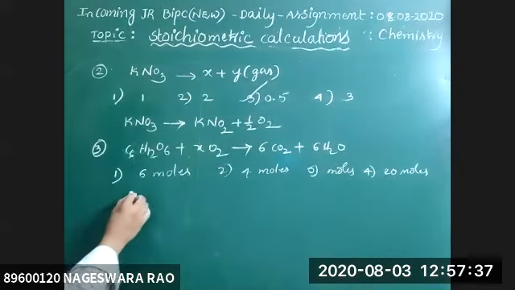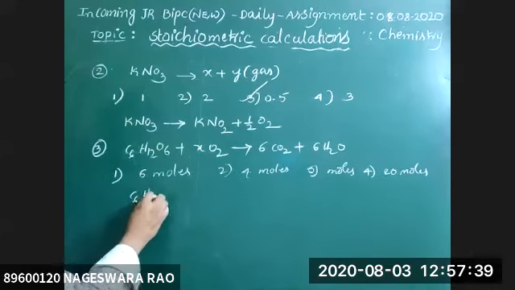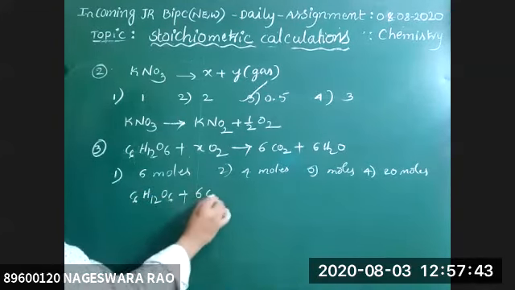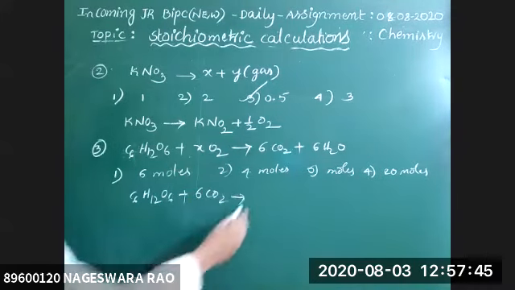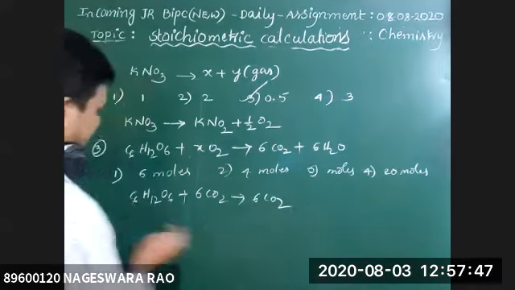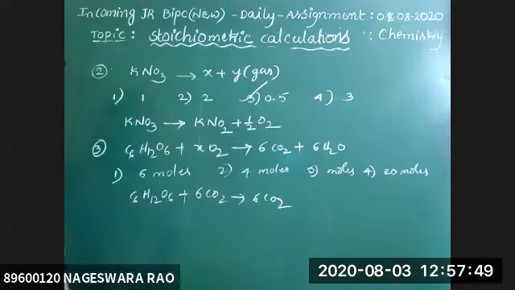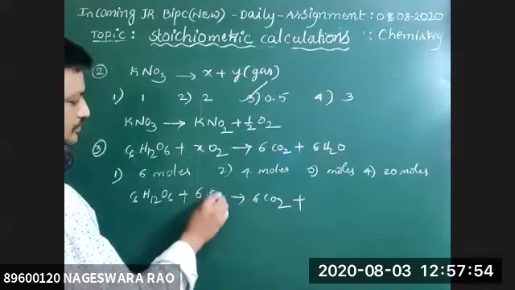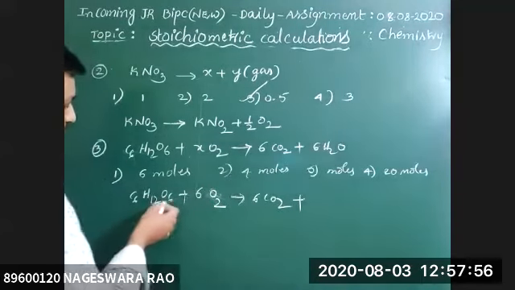So glucose: C6H12O6 plus 6O2 gives rise to 6CO2, since 6 carbons are there, plus water. How many hydrogens are there? Here 12.